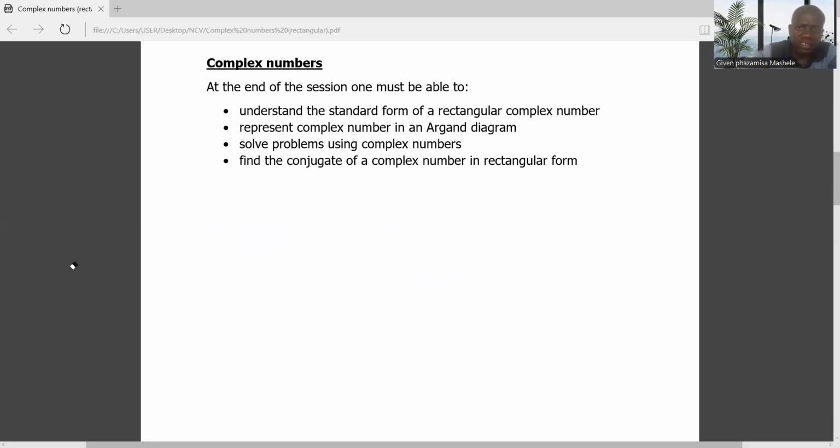Let's say we have Z1, which is a plus bi, and Z2, let's say it is c plus di.